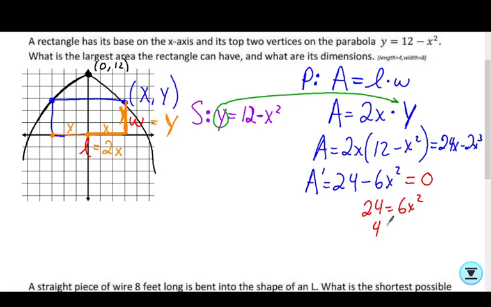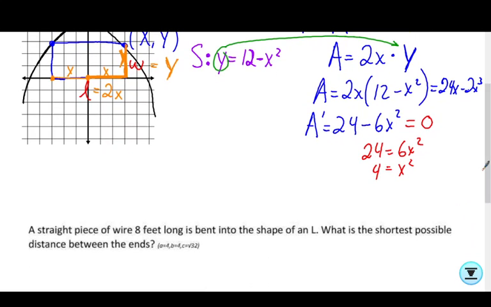So 24 equals 6x squared. 4 equals x squared. And then x equals 2.